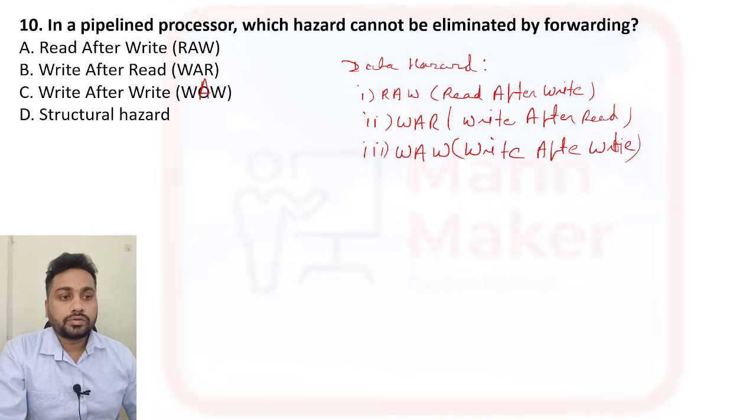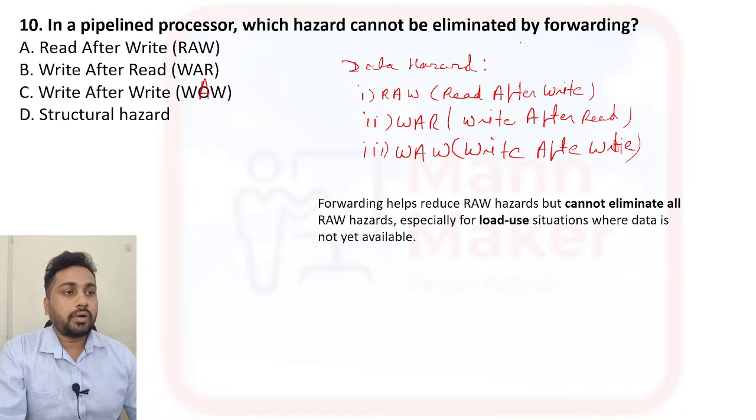Since they have asked about forwarding, forwarding helps to reduce RAW hazards but cannot eliminate all RAW hazards, especially in load-use situations where data is not available.